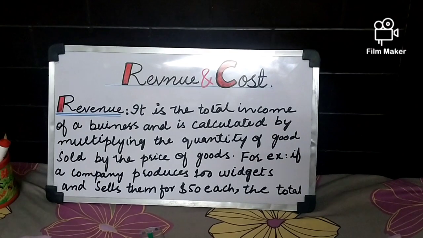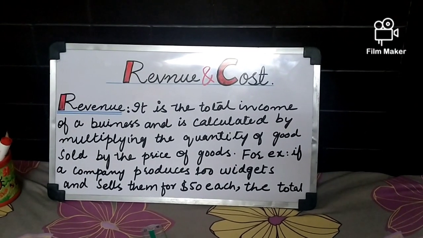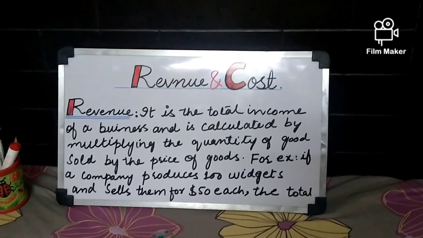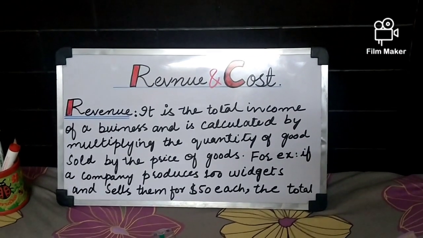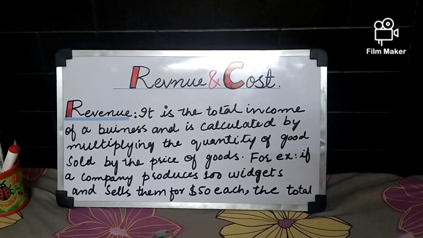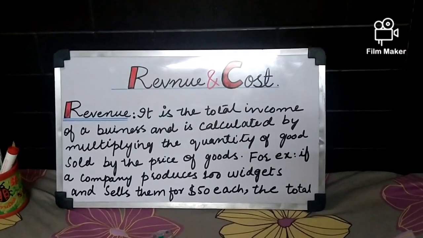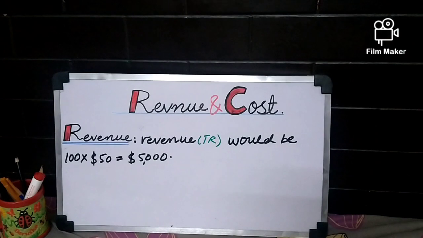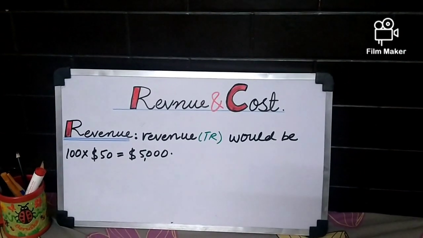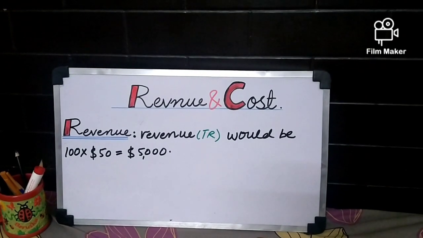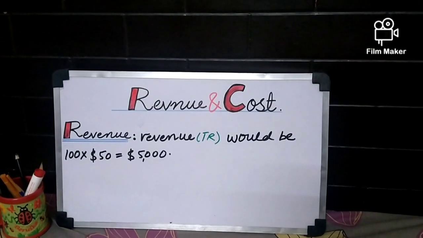For example, if a company produces 100 widgets or gadgets, widgets mean gadgets or machines, and sells them for $50 each, the total revenue will be equal to 100 multiplied by 50, which is $5,000. In short form, we write total revenue as TR. So the total revenue would be 100 multiplied by $50 is equal to $5,000.